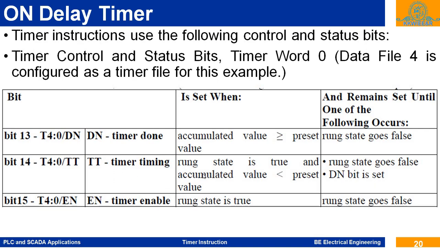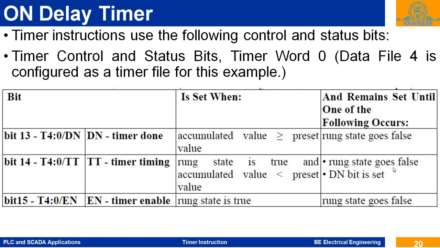Timer timing bit. Run state is true. First, the run state must be true. Second, the accumulated value is less than the preset value, meaning the accumulator starts counting from 0 up to the preset value. During that period, your timer timing bit is set. Okay.